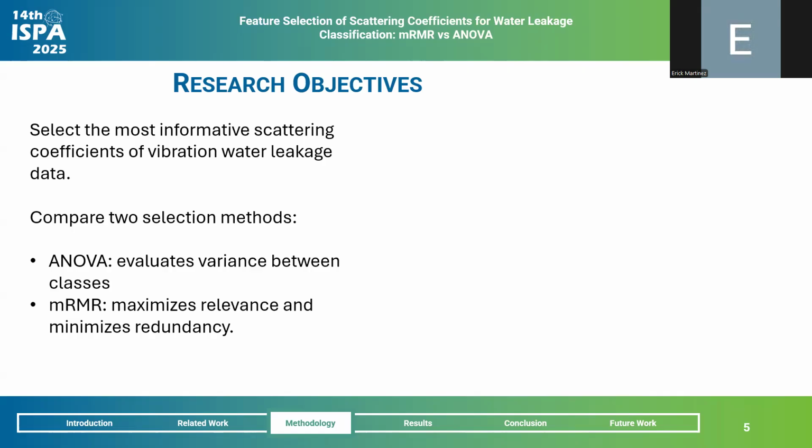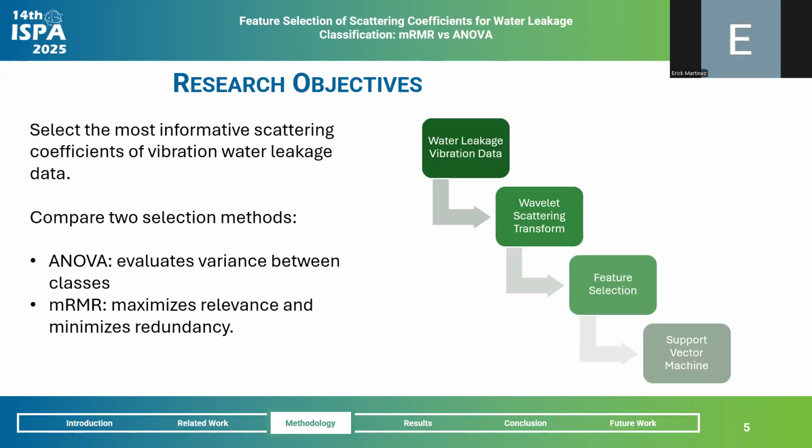For this purpose, we will be analyzing vibration data related to water networks in order to detect different water leakages, and the features will be selected by using the analysis of variance and the minimum redundancy and maximum relevance algorithm. So the workflow is as follows.